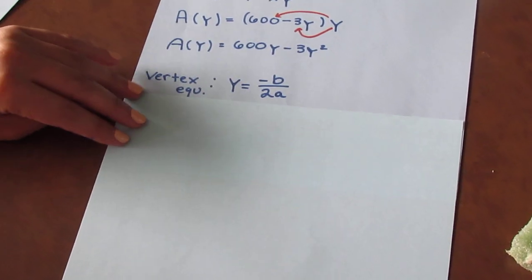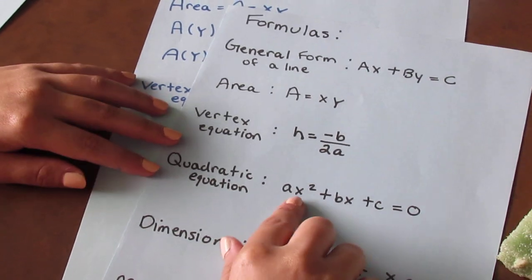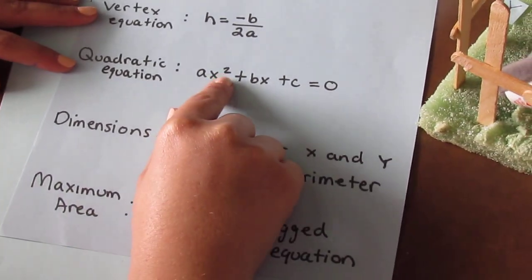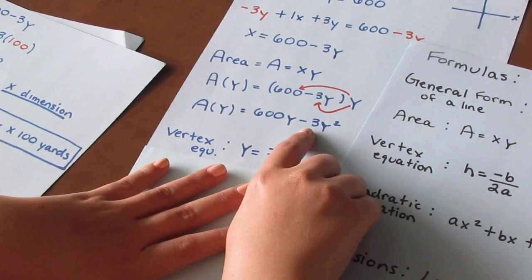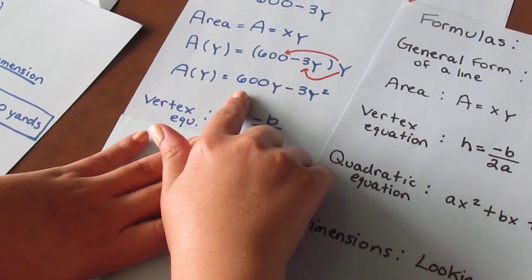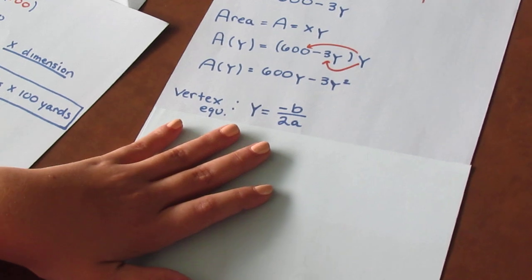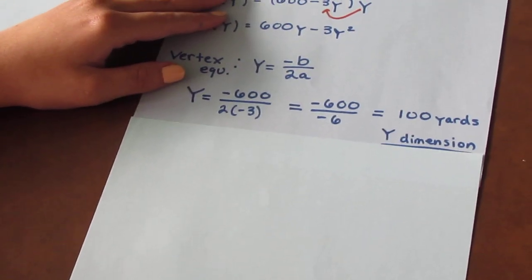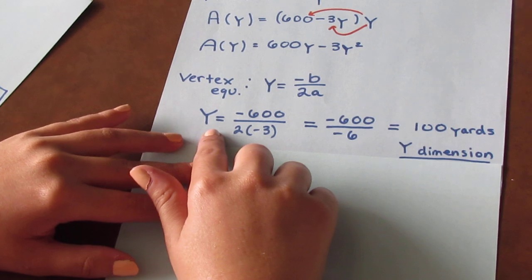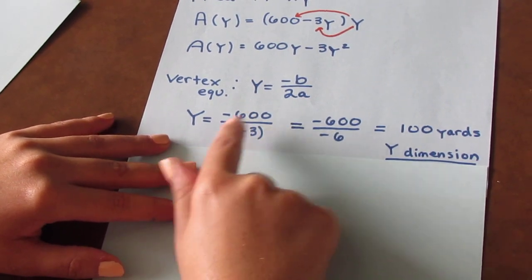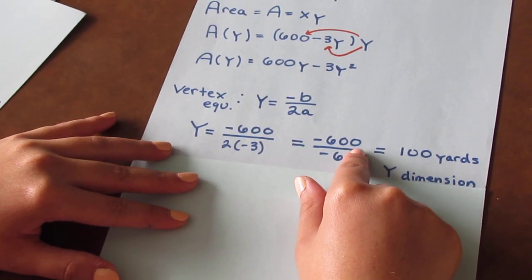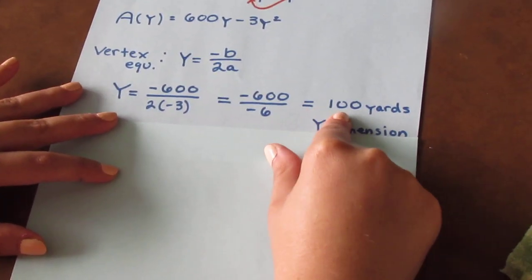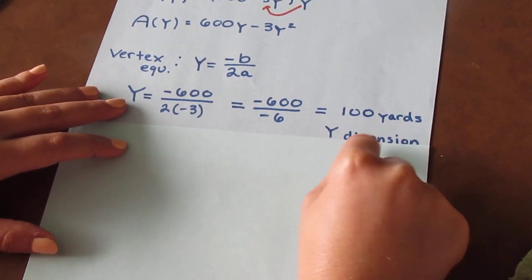So from our quadratic equation, ax squared plus bx plus c equals 0, we see that from our y equation up here, negative 3 is our a value and 600 is our b value. So plugging in our values, we get y equals negative 600 divided by 2 times negative 3, which gives us negative 600 divided by negative 6, which gives us 100 yards. This value is our y dimension.